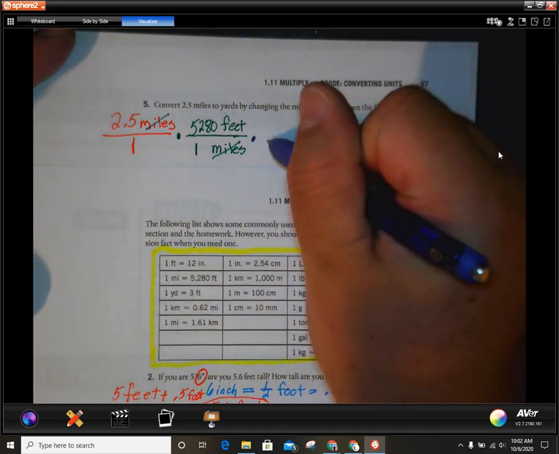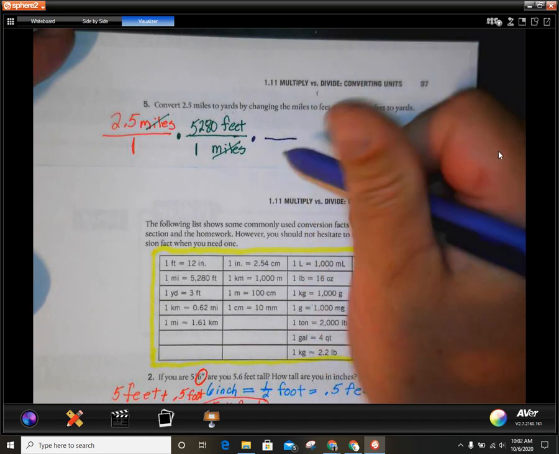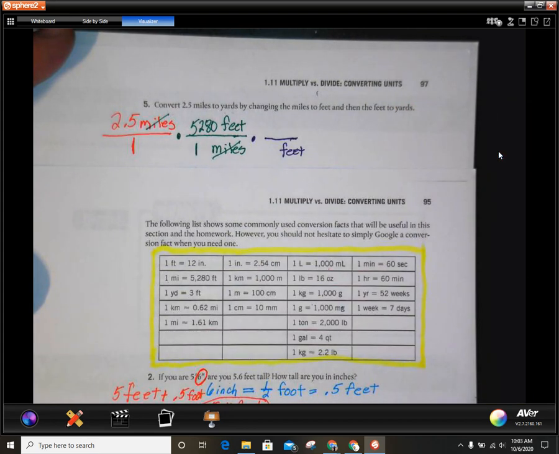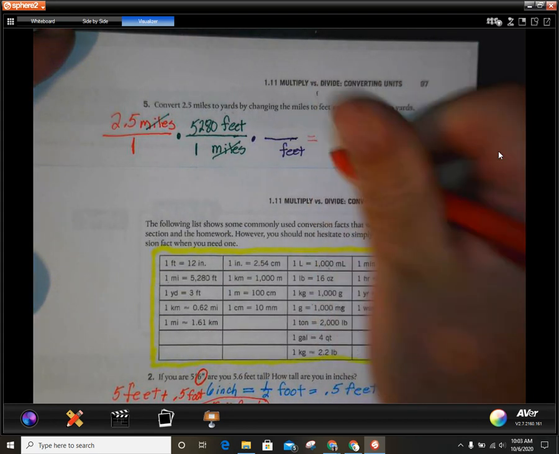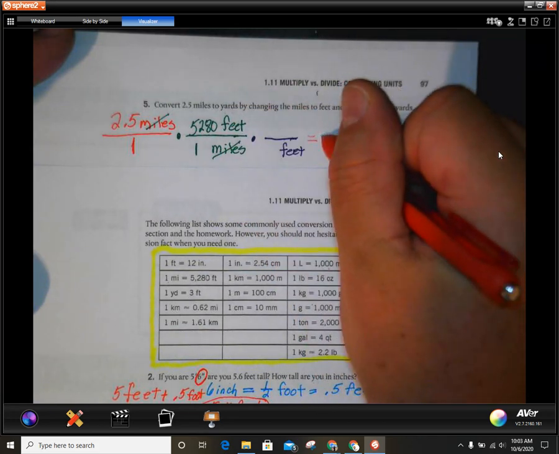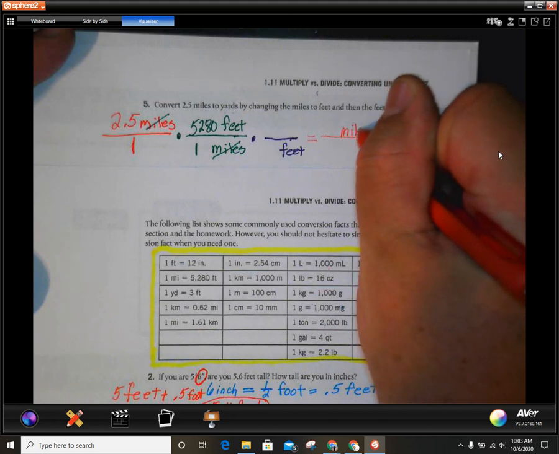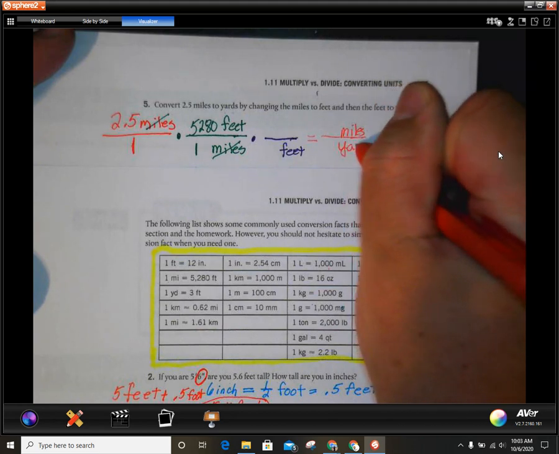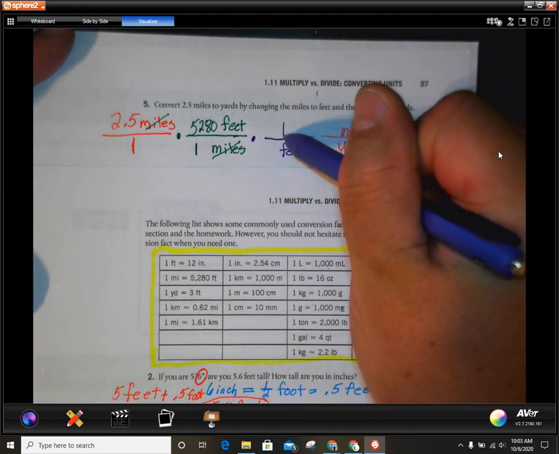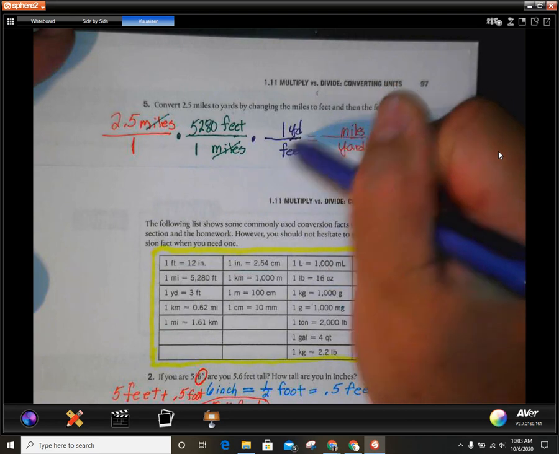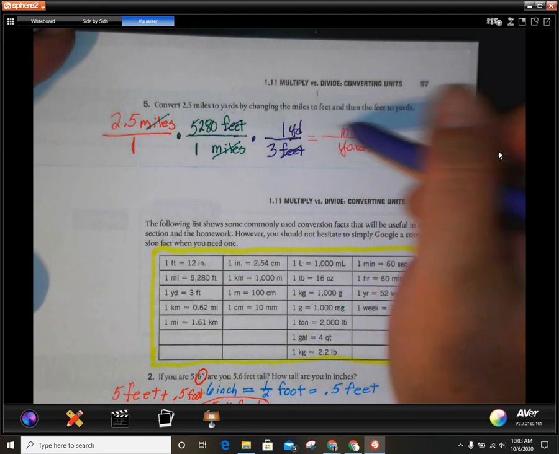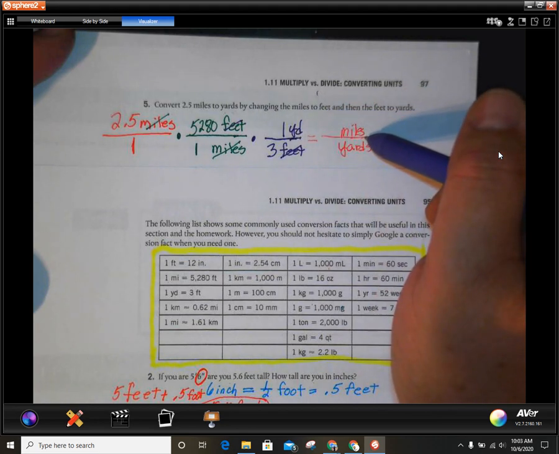So I'm going to convert this with feet on the bottom, because don't forget, we want to get to yards. So there is 1 yard in 3 feet. Feet cancel, and I'm left with yards.